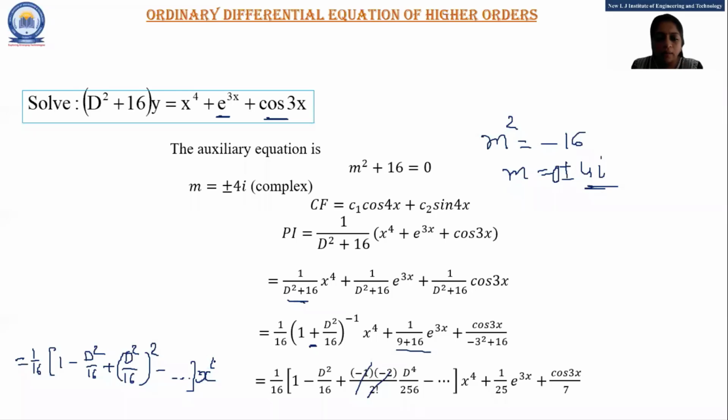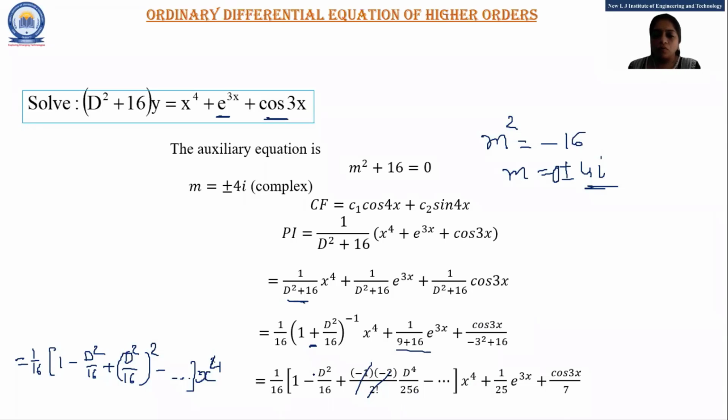No need to write more terms in this bracket because the power of x is 4, so we need a maximum power of d of 4, right? So here 1 minus d square by 16 plus d square by 16 whole square into x raised to 4. Here 9 plus 16, that is 25 in the middle term, right? And the last term, minus 9 plus 16, that is 7. So cos 3x by 7. Let's move to the next step.